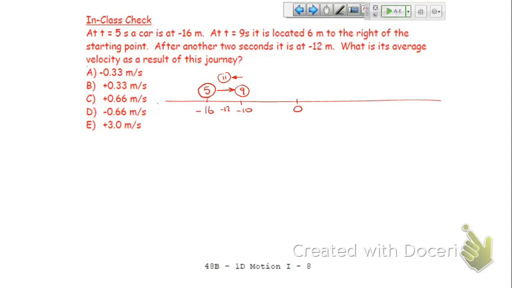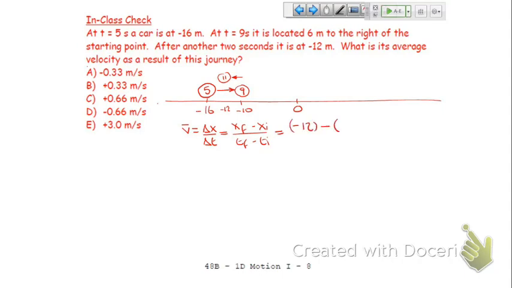Now, what do I want to know? My average velocity. So my average velocity equals my displacement divided by my duration, which equals my final position minus my initial position over my final time minus my initial time. And then I'm looking purely at my diagram. My final position is going to be minus 12.